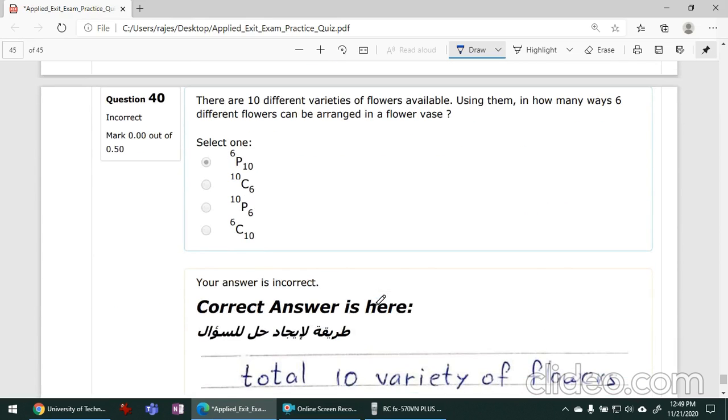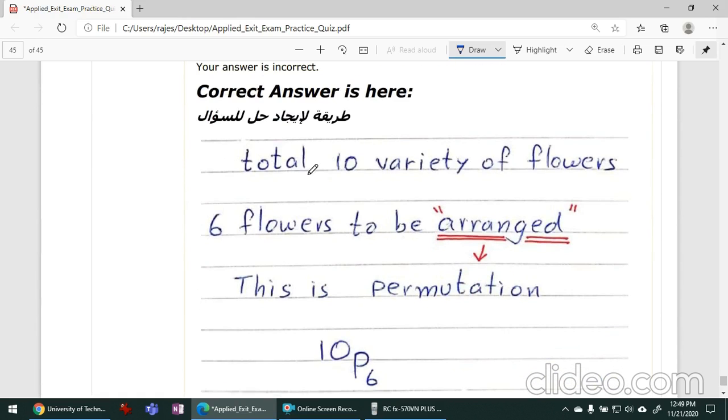Question number 40. There are 10 different varieties of flowers available. Using them, in how many ways 6 different flowers can be arranged in a flower vase? When you see this word arrange, it is a question of permutation. Look here. Total of 10 varieties of flowers. 6 flowers are to be arranged.